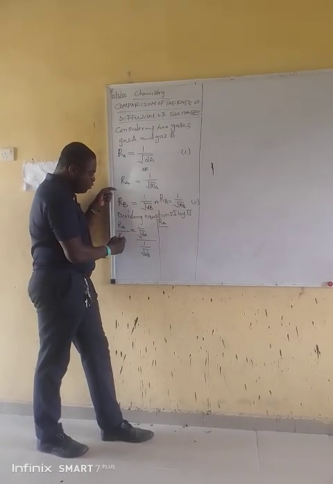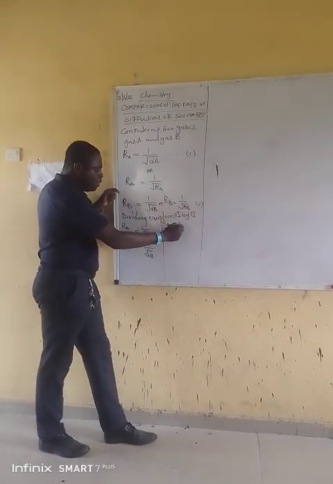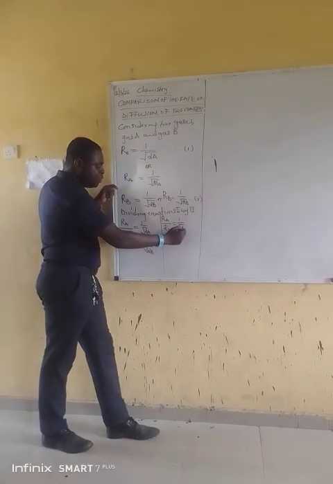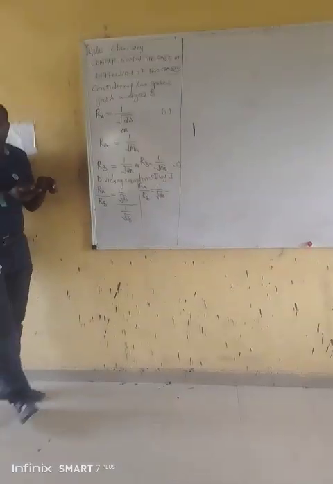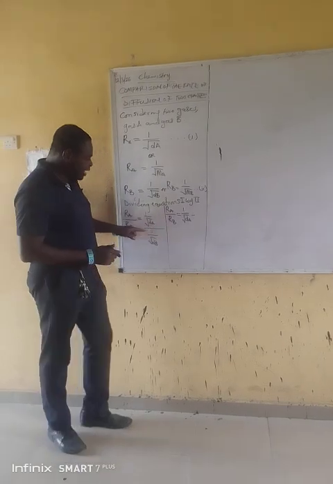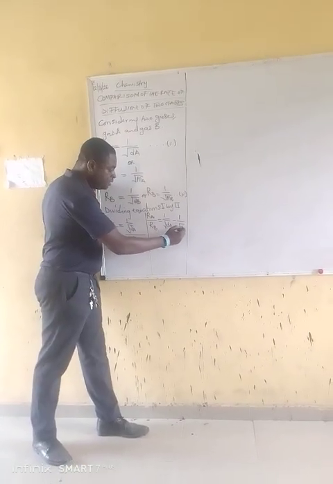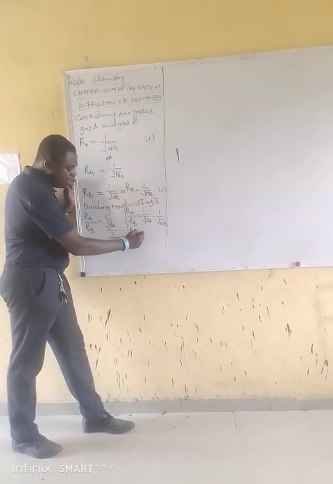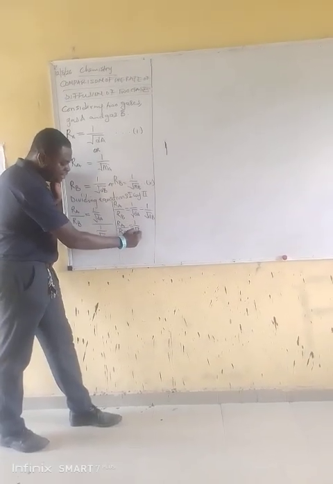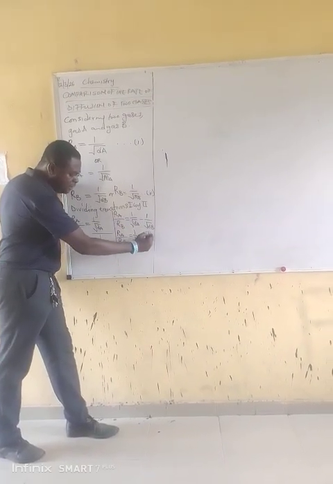The rate of diffusion of A over the rate of diffusion of B is equal to 1 over the square root of the density of A, and I change this division to a multiplication sign. Here we have 1 over the square root of dB. So RA over RB is equal to 1 over the square root of dA, I change this sign, then this one goes up and this one comes down, so the square root of dB over 1.